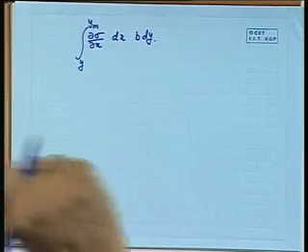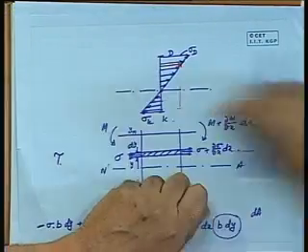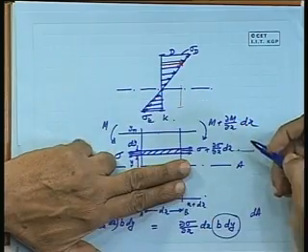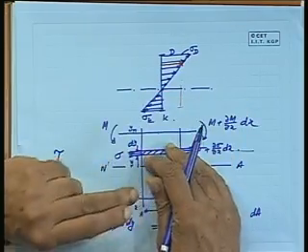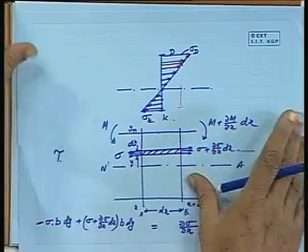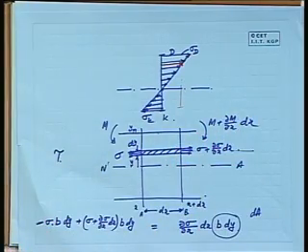This amount of force will try to pull away from the cross section at this level. That means at this interface some stabilizing force must be generated, and that action is nothing but the shearing action. This shear force must be generated here, so there must be some shear stress generated at this interface.